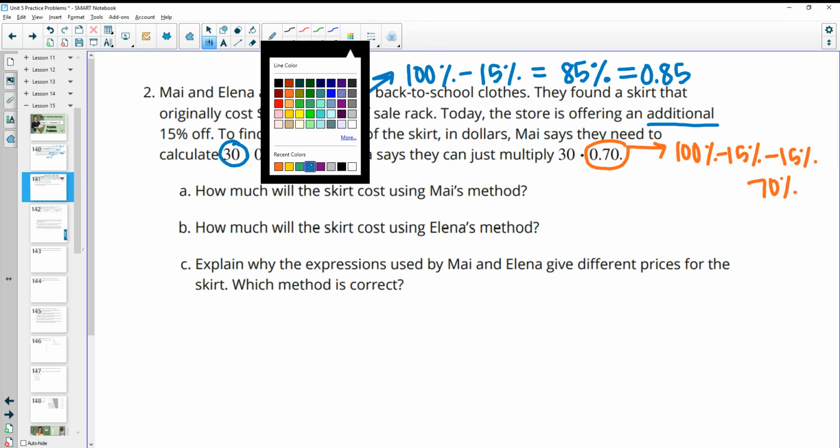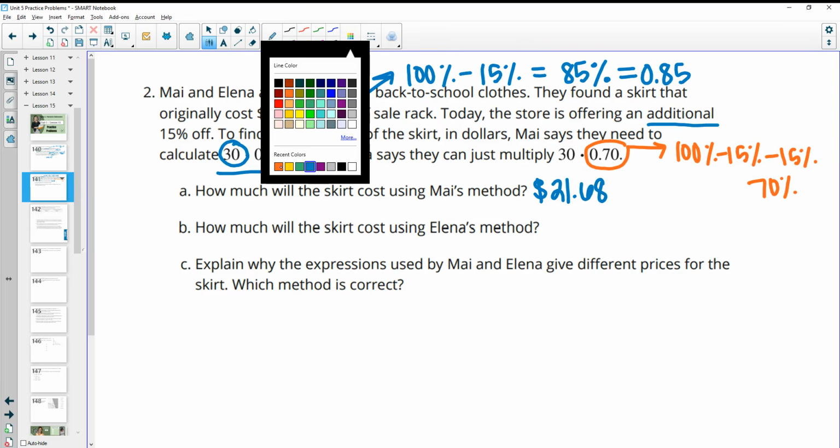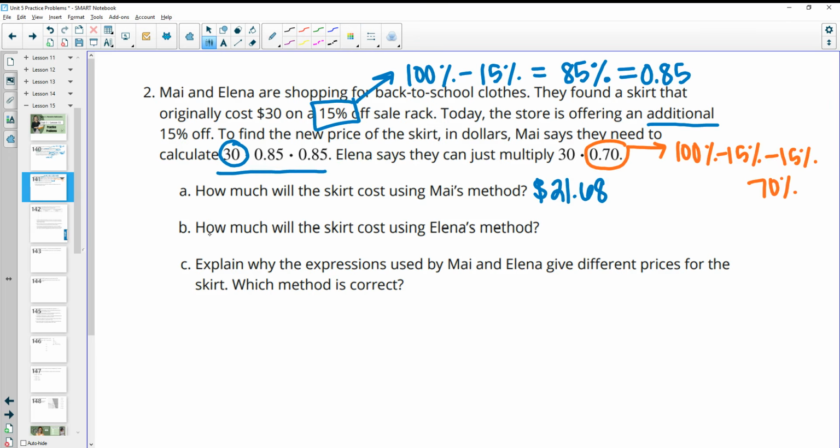So calculate the cost of the skirt using both of their methods. So Mai's method, if we type this into our calculator, we would get $21.68 as the cost. If we were to type in using Elena's method, 30 times 0.7, we would get that the cost of the skirt would be $21.